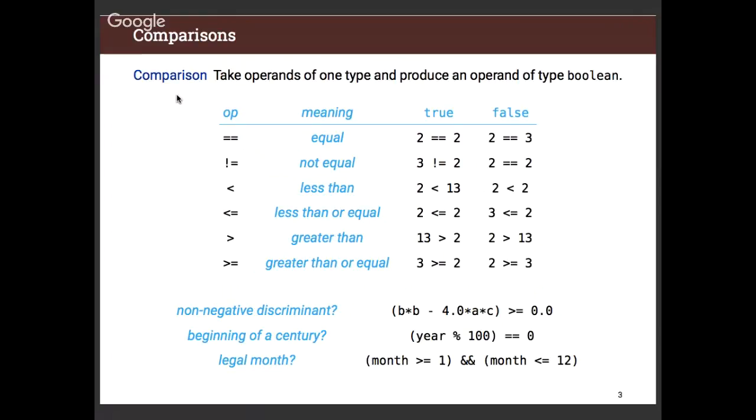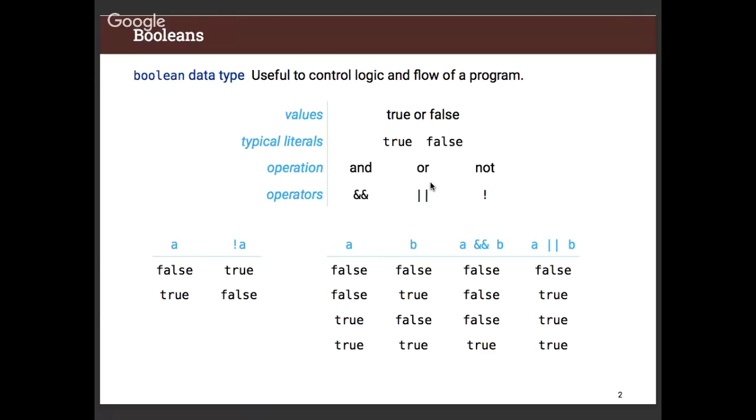If I have two booleans, I can combine them with these operators and, or, not, and get new booleans. If I have two integers, I can combine them and get new integer values. Booleans are a little different because I can also take two integers and make a boolean out of them.